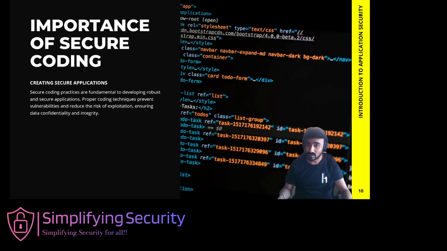You cannot check it on a public ChatGPT model, so you may have to build your own model internally and test your code on that. The future is near, and we are moving toward that. So secure coding is really important. How you do it depends on the secure coding practices you have implemented in your environment, and that certainly reduces the risk of exploitation if you start coding the app securely.